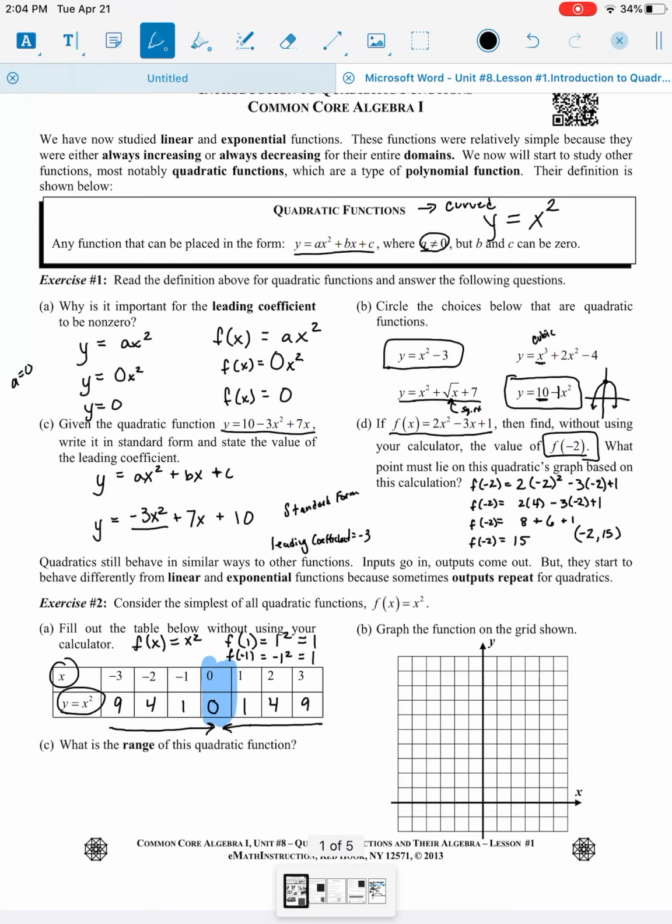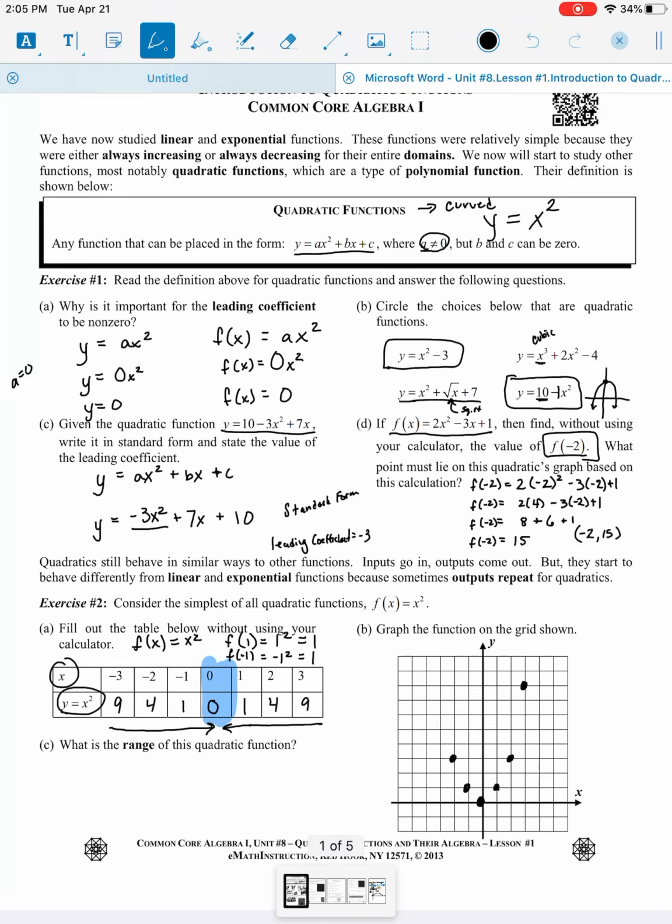So, we know that 0, 0 is a point. We know that 1, 1 is a point. -1, 1. 2, 4. -2, 4. 3, 9. Oops, I missed one. 3, 9.